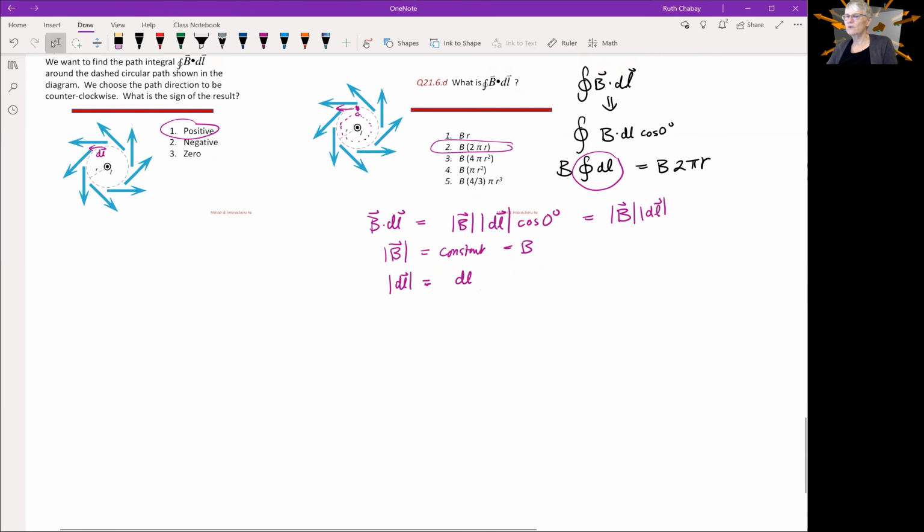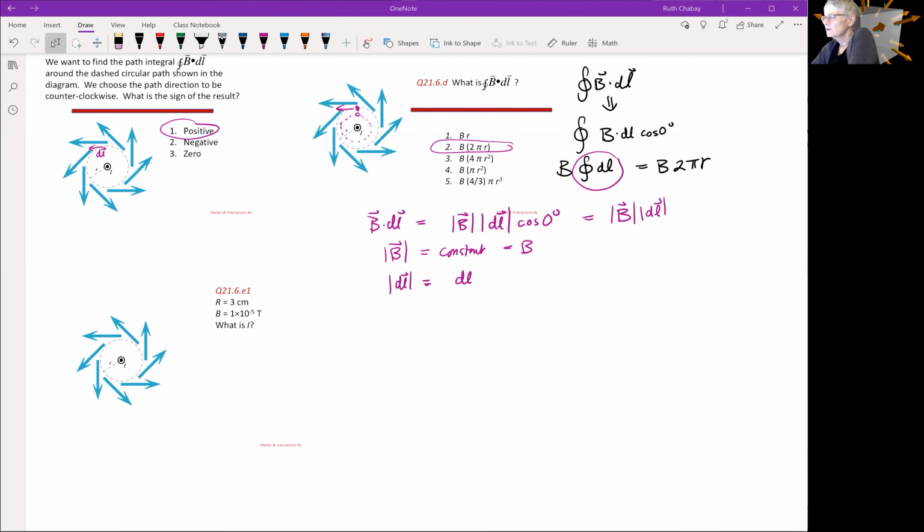Now, one thing we can do with this is actually just get a value of the current. So we can do some numerical things. Suppose that the radius of this path is 3 centimeters. B is 1 times 10 to the minus 5 Tesla.